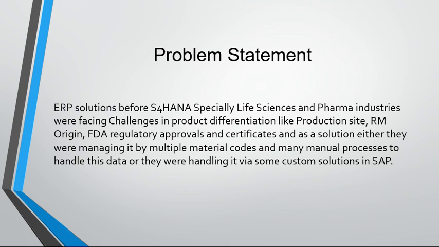Then it was coming to SAP. So these solutions were working for the industries for sure, but with custom solutions or multiple legacy systems, they were facing many problems and many errors, and people were resolving the errors.